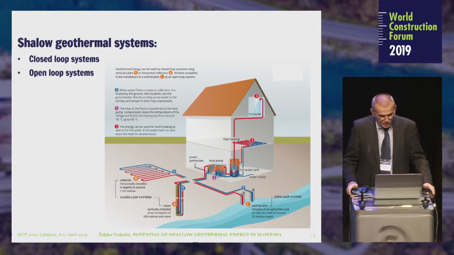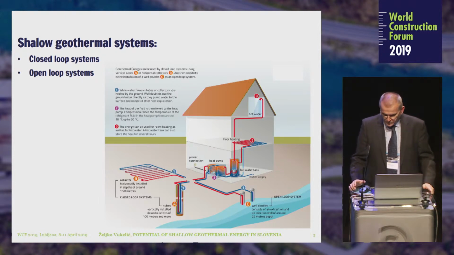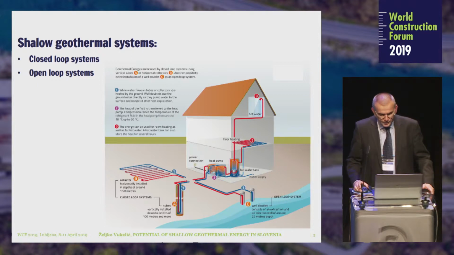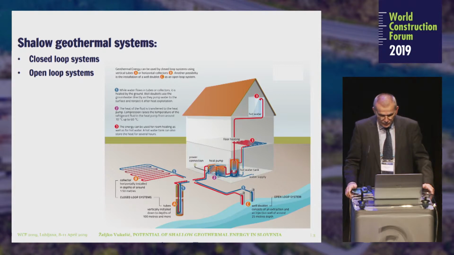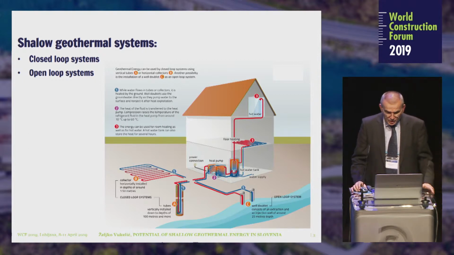First, the closed loop system, which you can see in this picture. That means we are not using the underground water. We are using the water inside the pipes, so there is no influence of water outside the pipes, and this is why it is called a closed loop system. Of course, we then use this for floor heating and hot water.